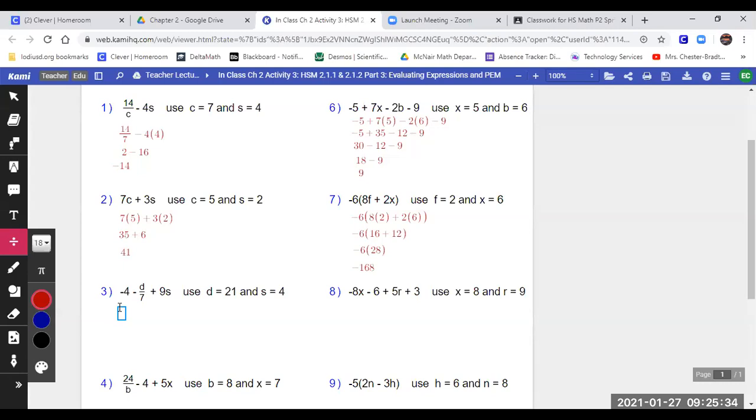The -4, yep, because it's there and I have to use it. And then minus the D, 21 over the 7, plus the 9, parentheses 4. So we replaced the D and replaced the S with the numbers they told us they are. But everything else stays the same. We don't change any of the other stuff. Okay.